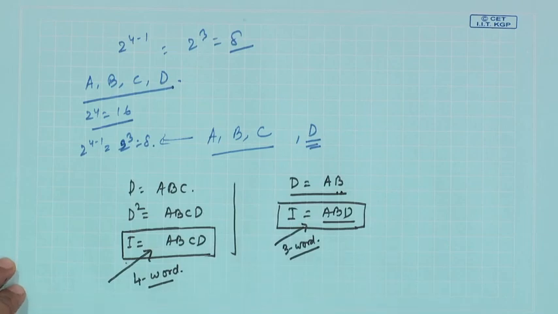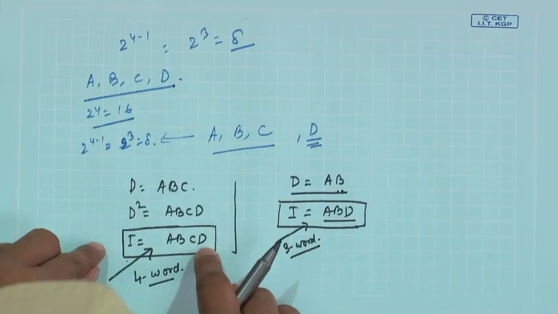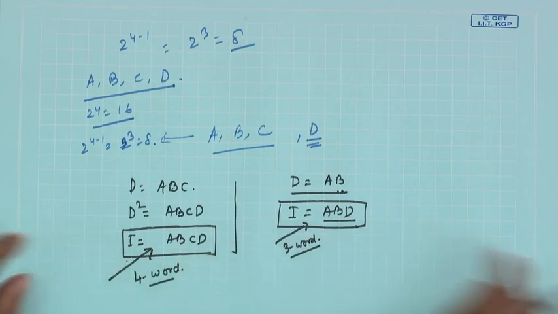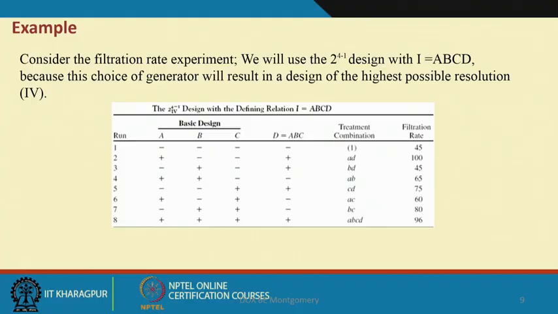This word business is also equally important. So, I equal to this, how many words? Here 3 words and here 4 words. Okay. So, now let us do some calculation and then again we will come back to the concepts.